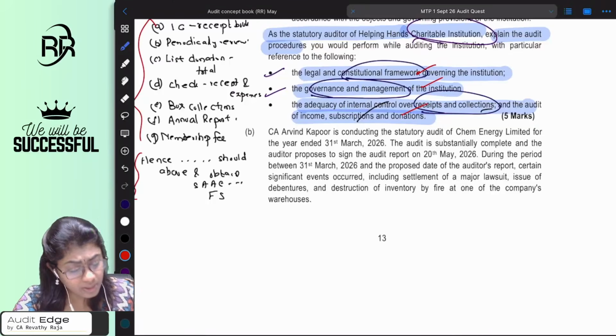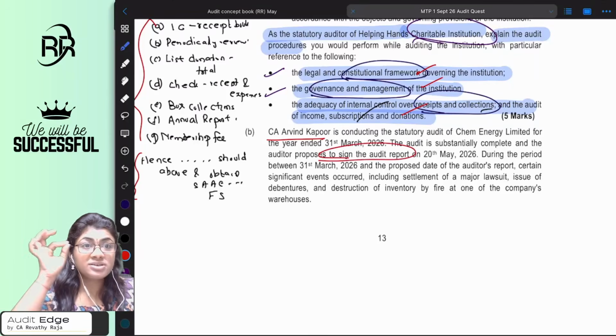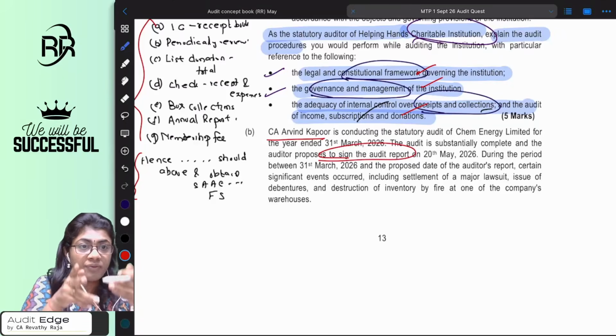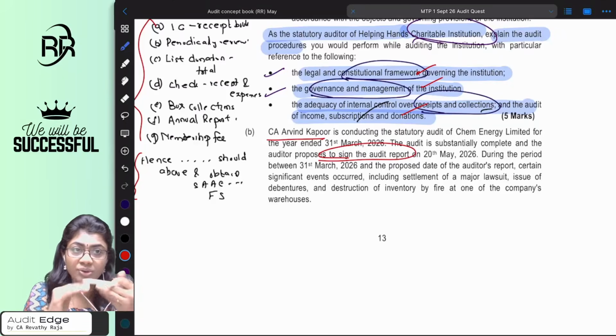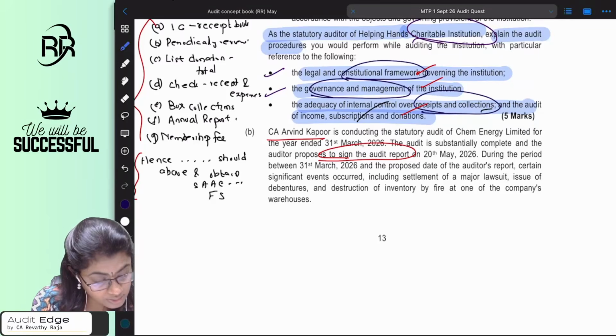So let's quickly read the question. CA Arvind Kapoor is conducting the audit. The audit is substantially complete and about to sign. See, in SA 560, there are 3 timings: between FS and audit report, after the audit is completed but before it is issued, and after it is issued. Here it is the first case, between FS and audit report date.